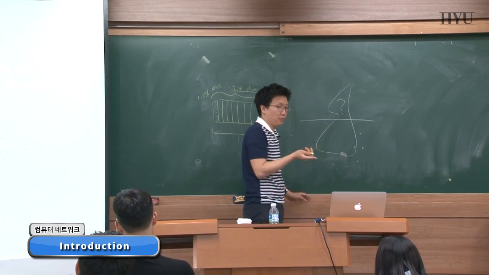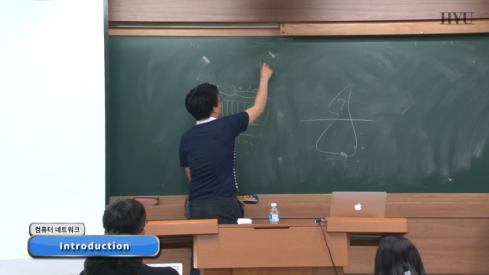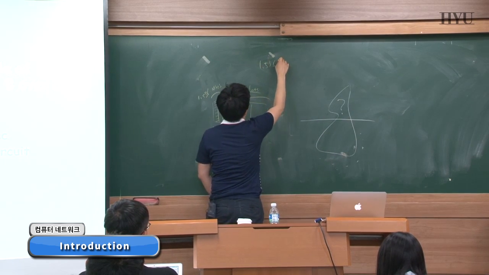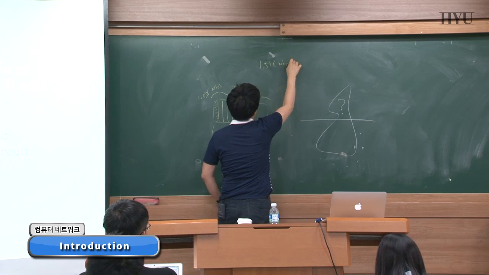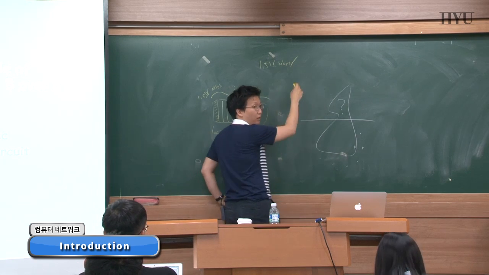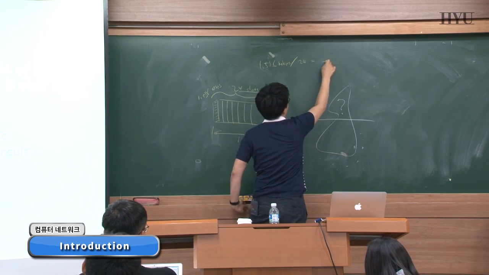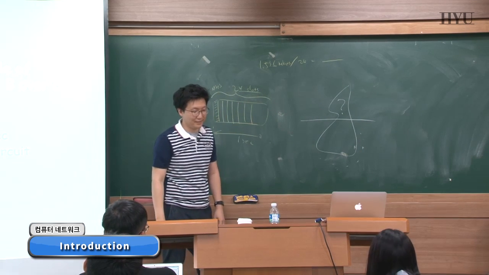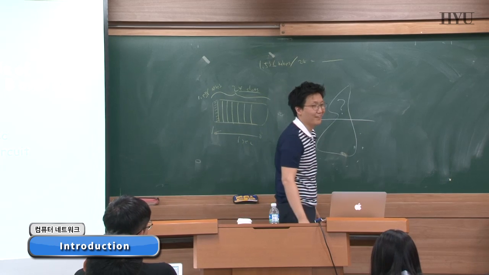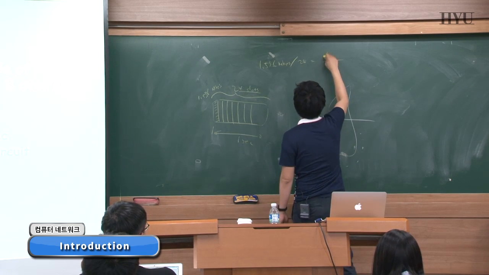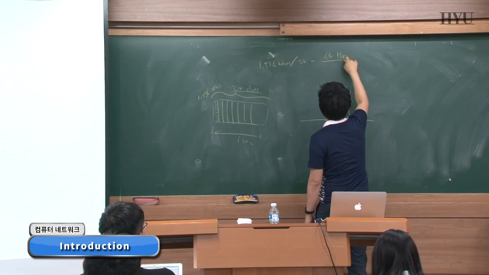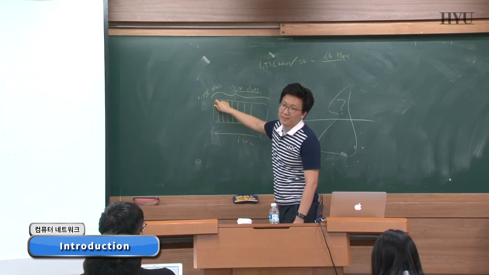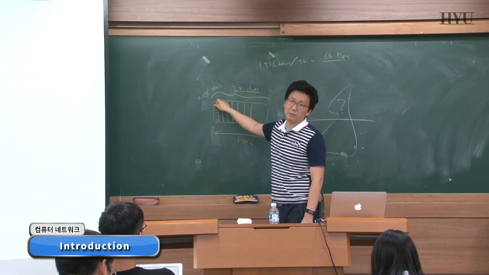I would just simply divide 1.536 megabits per second by 24. Someone do the computation for me. It's okay, I have it right here. A single slot can send 64 kilobits per second.